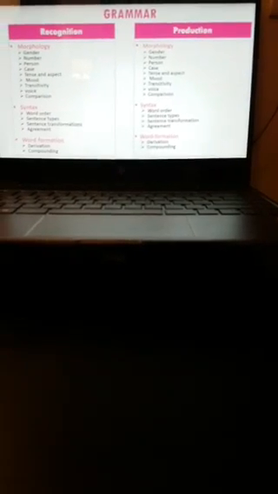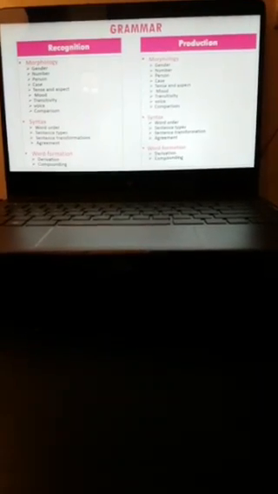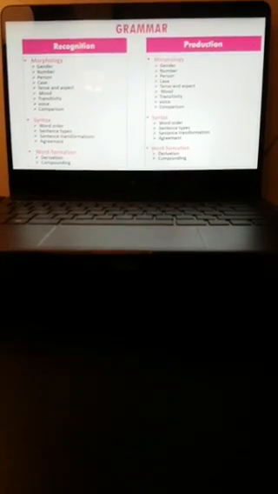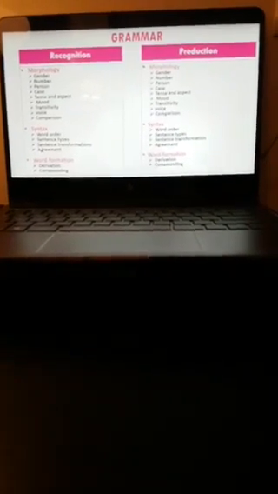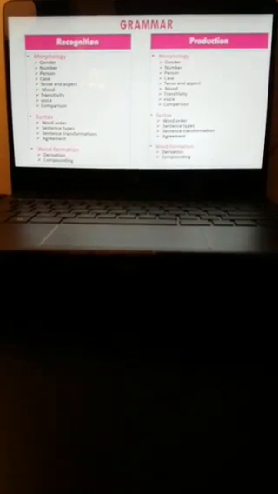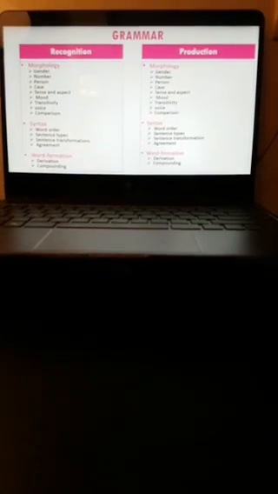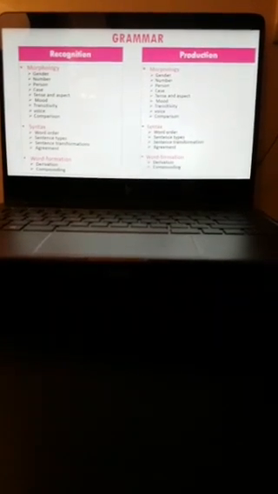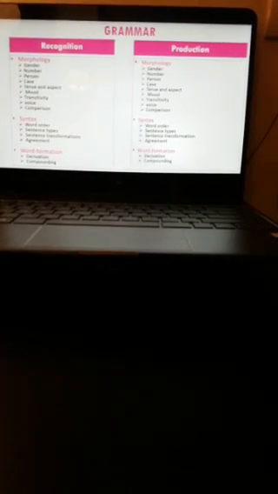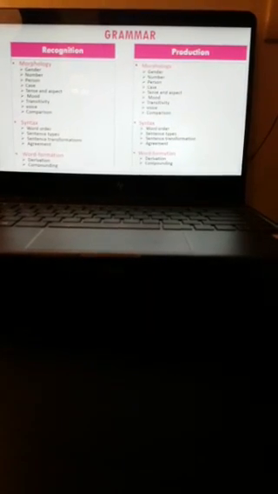So this is tense. And at the same time فيها number and gender and person at the same time. Okay, mood, like imperative mood, subjunctive mood. Transitivity, when a verb is transitive, intransitive.